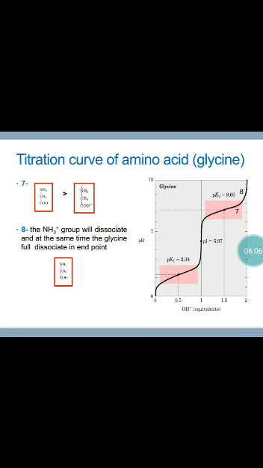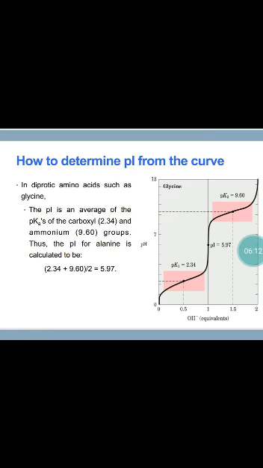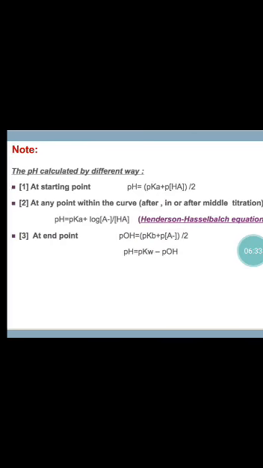The NH3 group will dissociate and at the same time the glycine will dissociate at the endpoint. In diprotic amino acids such as glycine, the pI is an average of the pK of the carboxyl, 2.34, and the ammonium, 9.60, groups. Thus, the pI for glycine is calculated to be 2.34 plus 9.60 divided by 2, which is equal to 5.97.